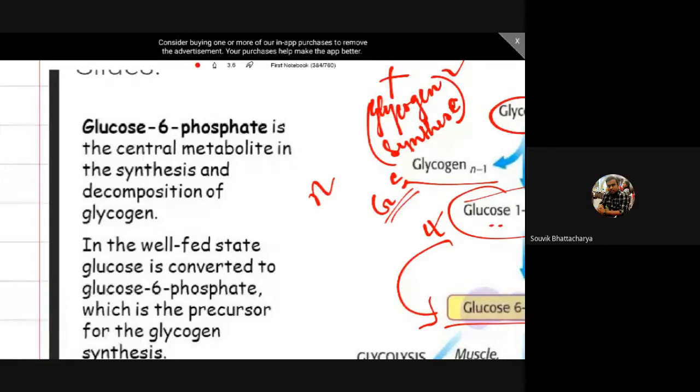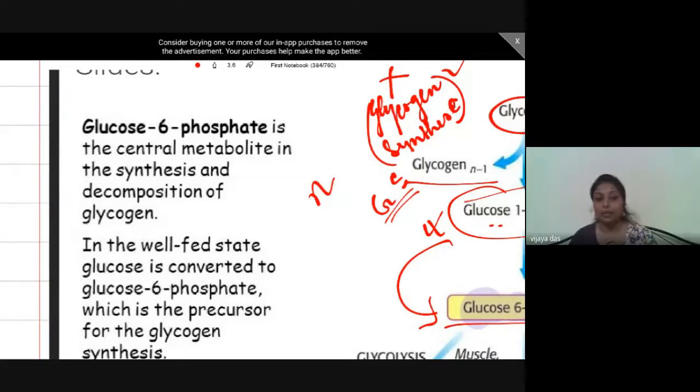Correct. Simultaneously, if a person is in a well-fed state, which means a person is eating a lot of food, then definitely glycogen will be formed, right? So we need to understand that these two processes are reciprocal, which means they are just the opposite and occur in two different states of our body.